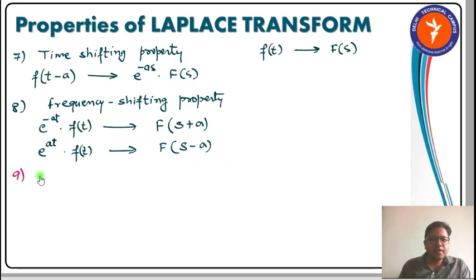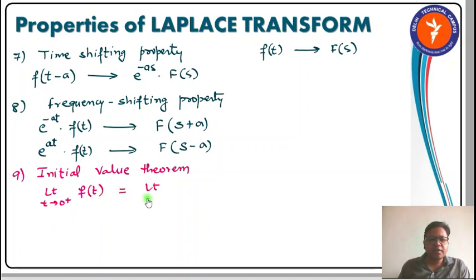Okay, next we have the initial value theorem. This states that the initial value of the function, that is limit t tends to 0 positive f of t, which is the initial or transient value of the function, will be equal to limit s tends to infinity s F(s).